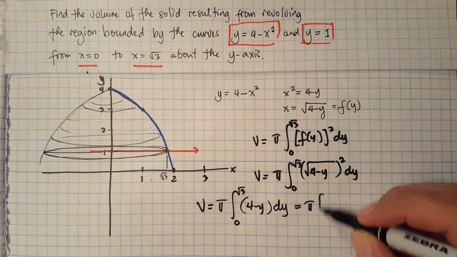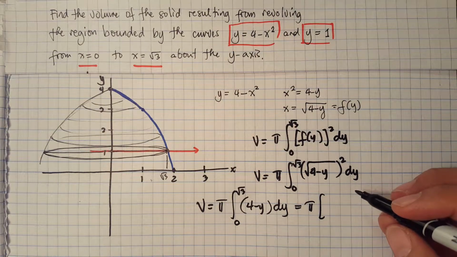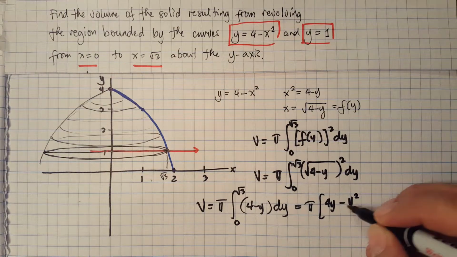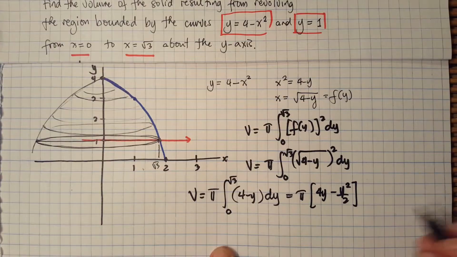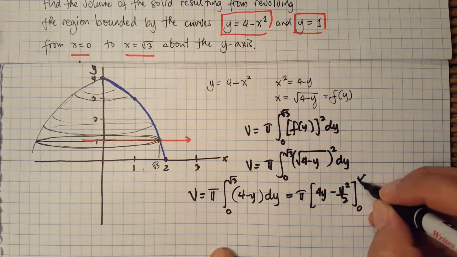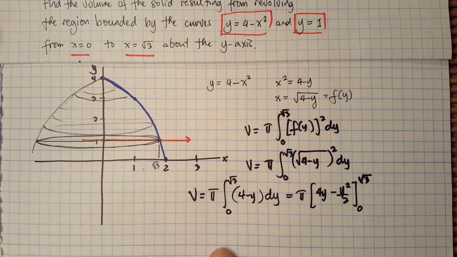That's pi times, let's integrate this. What do you get? You get 4y minus y squared over 2. Now evaluate this from 0 to root 3.